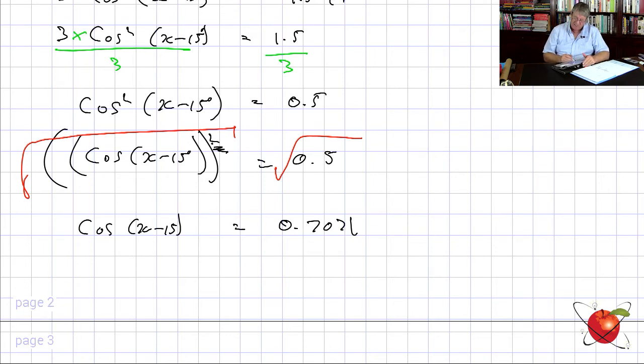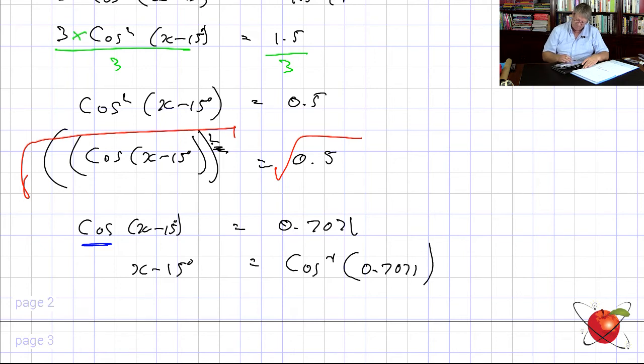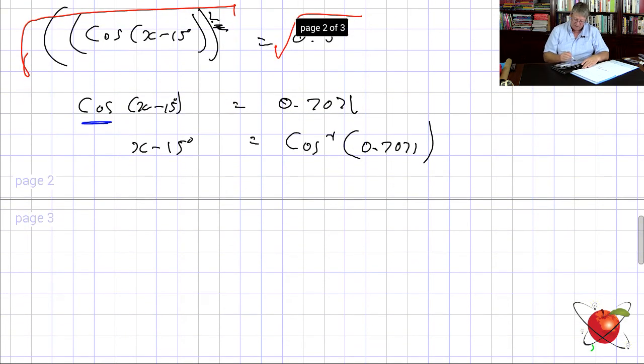Therefore, I now have to get rid of the cos, right? Remember this one? How do we do it? We do the opposite. So we do arc cos, is equal to the angle whose cosine is 0.7071. All right. What have we got?